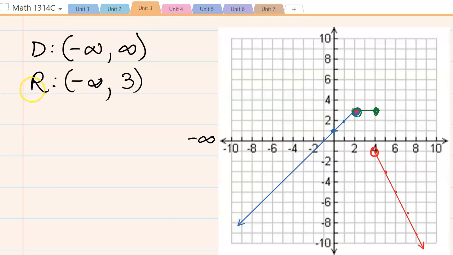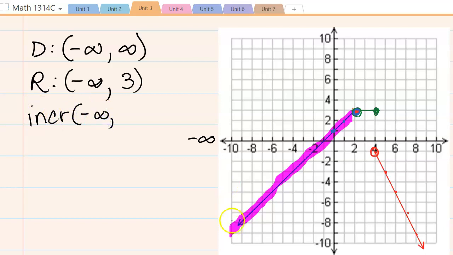The next thing we need to do is find our increasing, decreasing, and constant intervals. So we're going to start marching from the far left, and we're going to see when x starts at negative infinity, this is what's happening to my graph. We can see that the y values are constantly increasing. So we have an increasing interval from negative infinity, that's the x value, and then it stops right here at 2, but not including the 2.